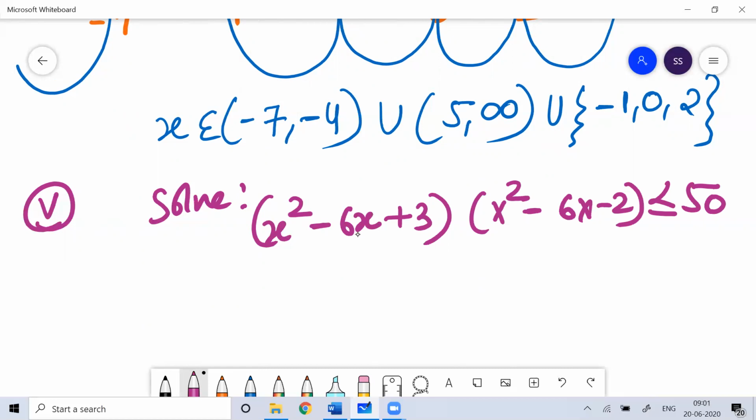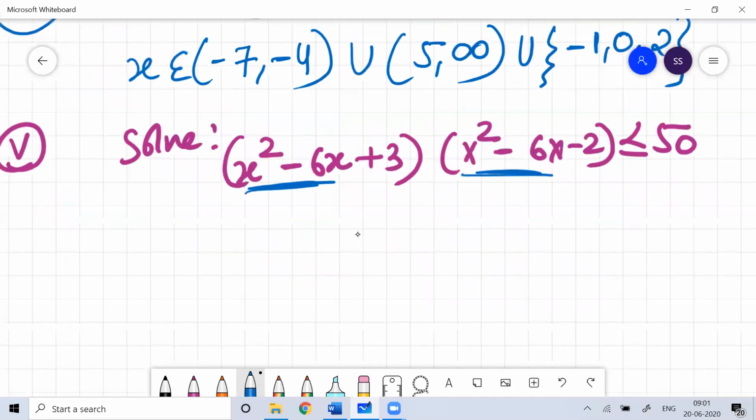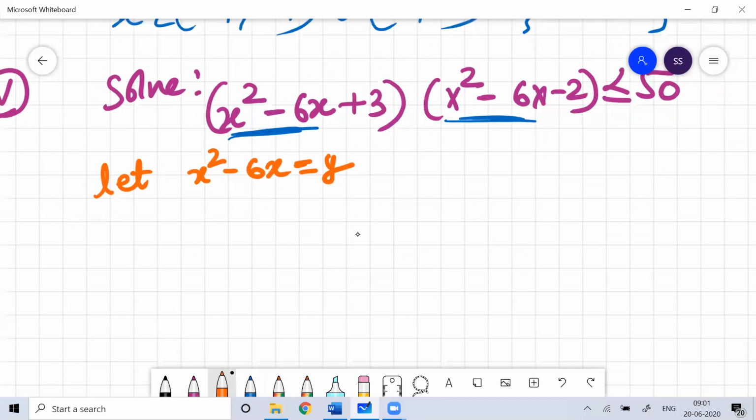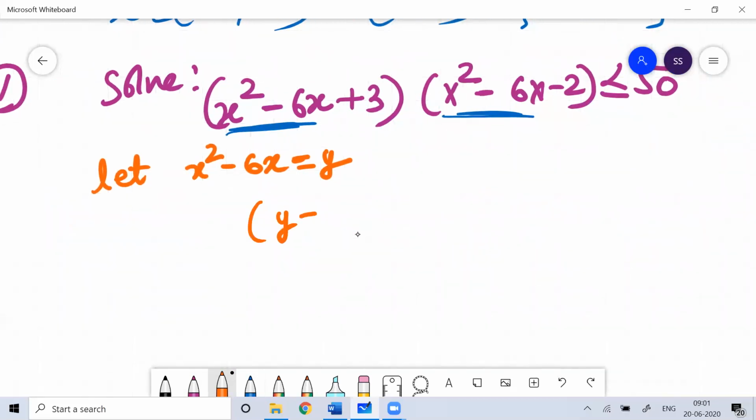If you notice in this problem, x square minus 6x is common. So let's assume something, just for the simplicity of calculation. Let x square minus 6x be equal to y. Okay, so it becomes y plus 3 into y minus 2 is less than or equal to 50.